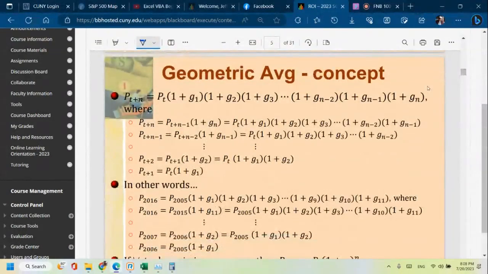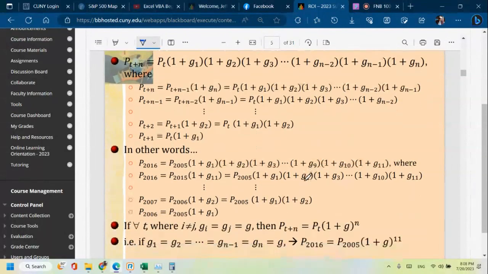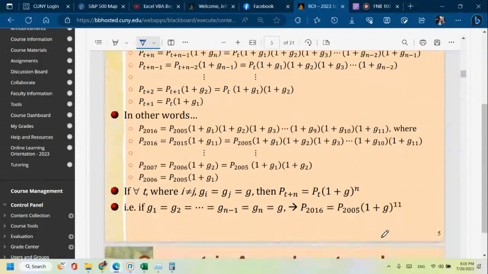So this is the theoretical background of how and why the geometric average came to be.